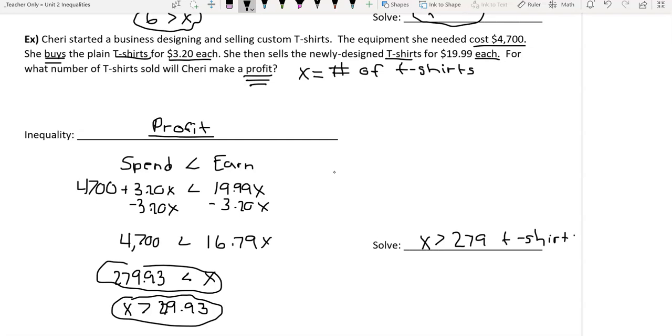Because, and I'm going to tell you why, it's not being included. So rounding down isn't taking things away from you, because the first number that this technically is talking about is 280, because 279 is not included. So another way I would accept this answer is x has to be greater than or equal to 280. So those are basically saying the exact same thing, okay? But either of those would work for this problem, okay?